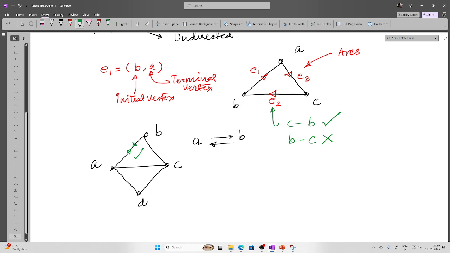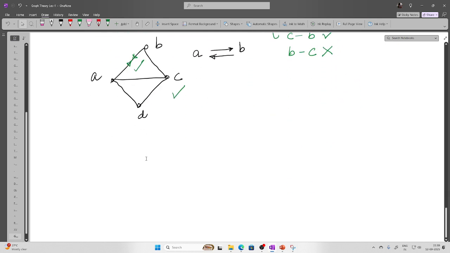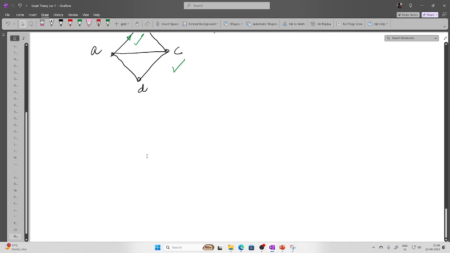So therefore, this directional sense gives the name directed graph, and these are undirected graphs where we can move from A to B, B to A, and it is all permitted. So these are basically two major classifications of graphs, that is directed and undirected. Now, once you know this, then there are certain terminologies you should understand.